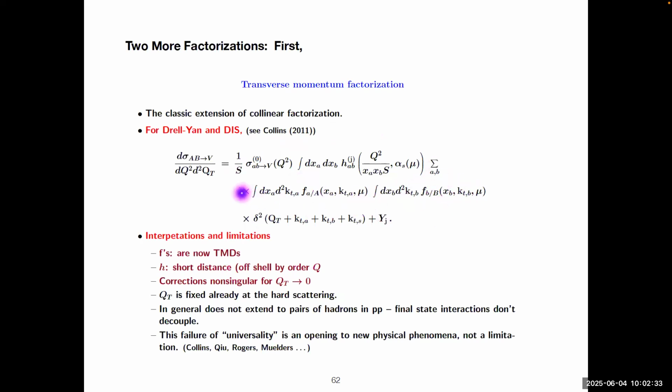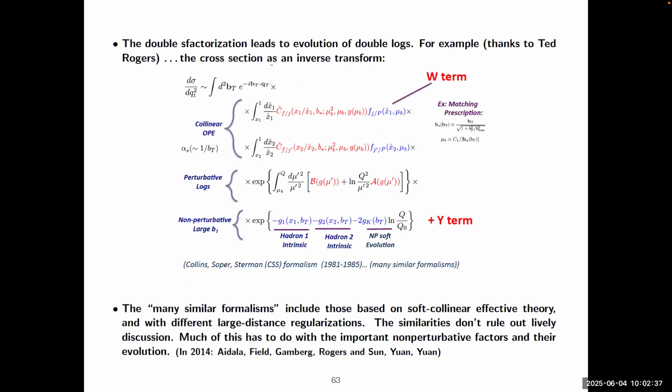And it's this factorization which is at the heart of some very famous results, which have to do with resummed results in terms of the transverse momentum dependence, and also in terms of the factorization scale.